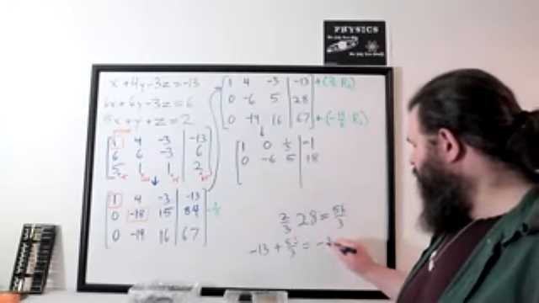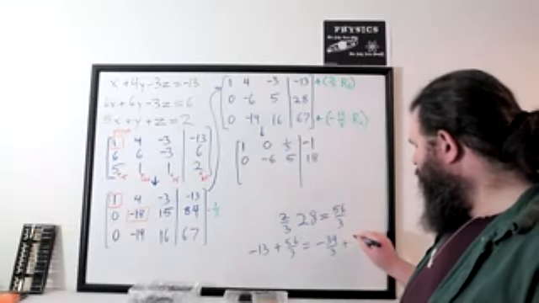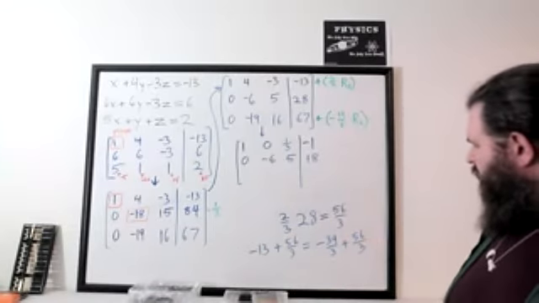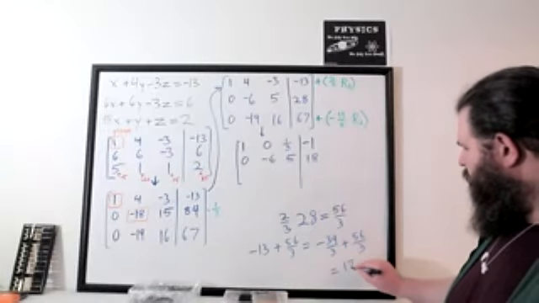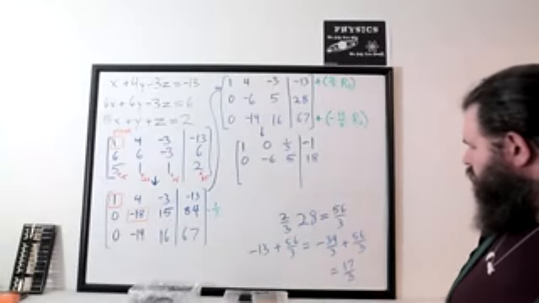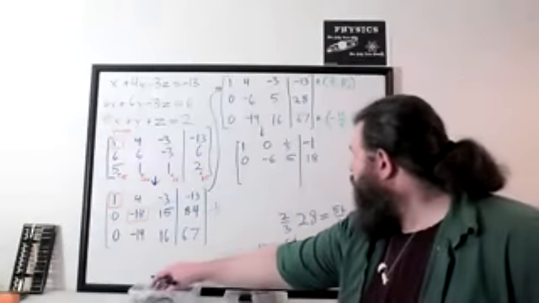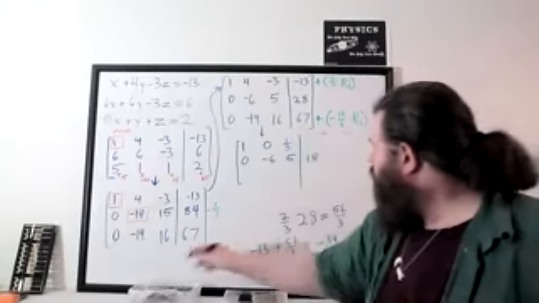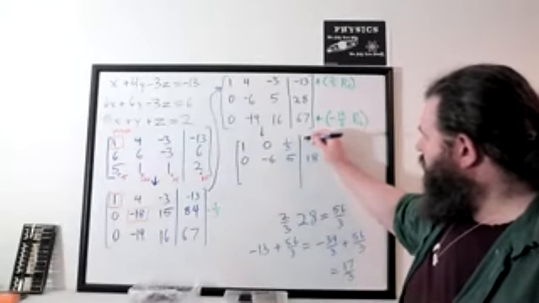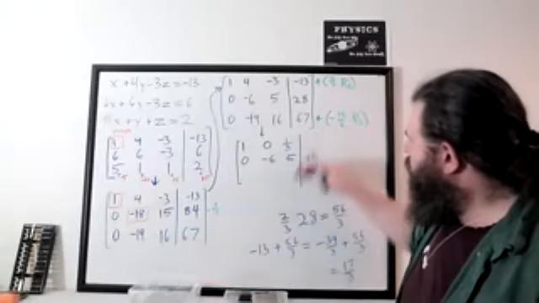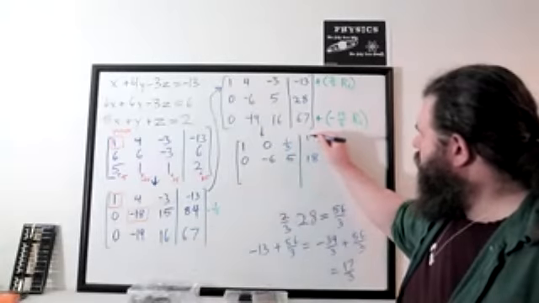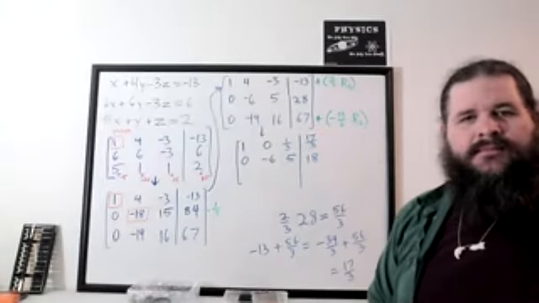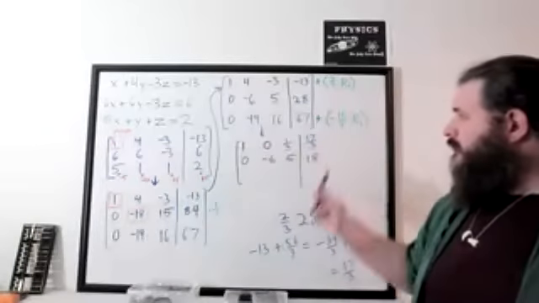So that'll be -39/3 plus 56/3. That's 17, I believe. So 17/3 is what we get there. Okay, so that's our corrected new first row.